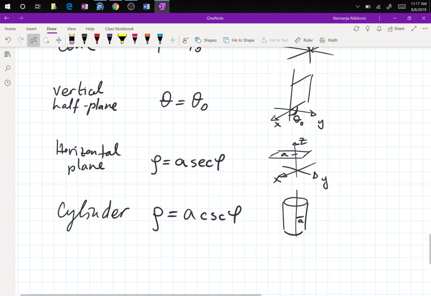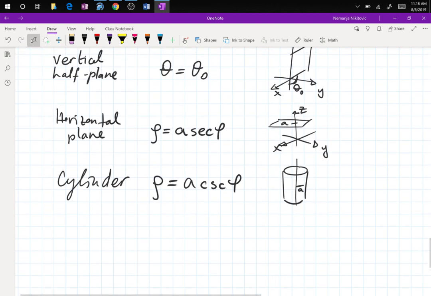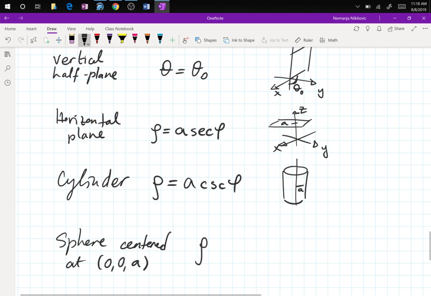And finally, the sphere that is centered at 0, 0, some value z. Sphere centered at 0, 0, a is given by rho equals 2a cosine phi.